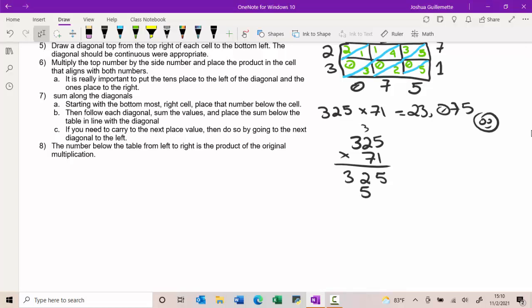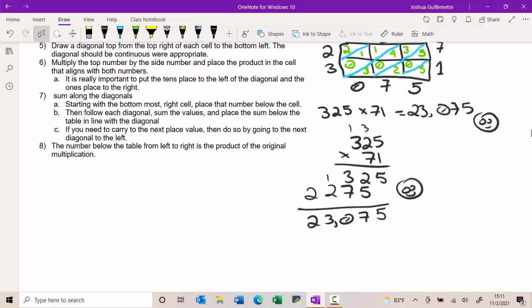You carry the 3. 14, 15, 16, 17. 21, 22. 5, 7, 10, 3. There we go. And it's the exact same value.